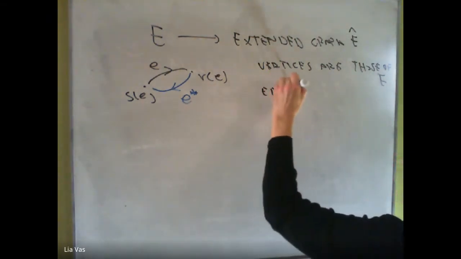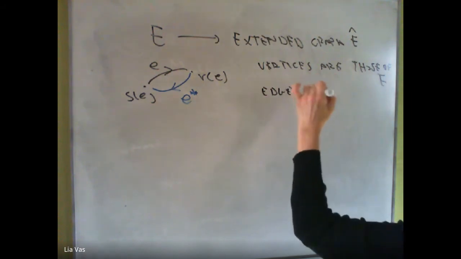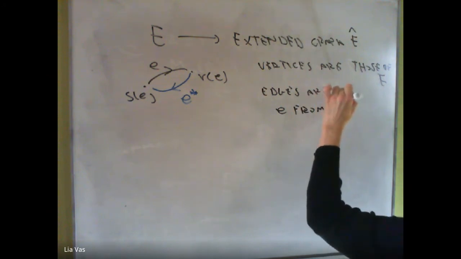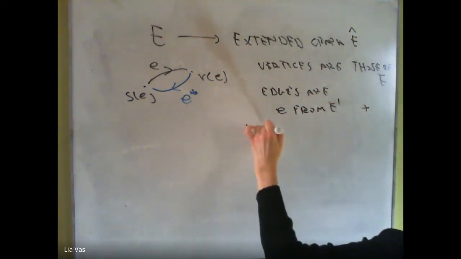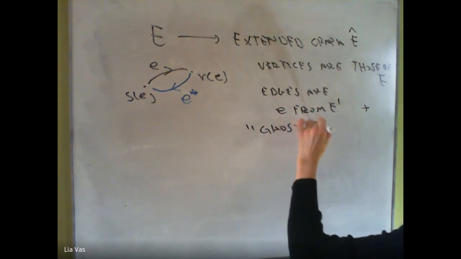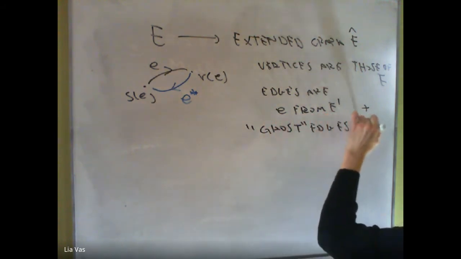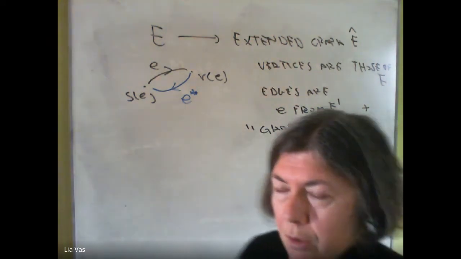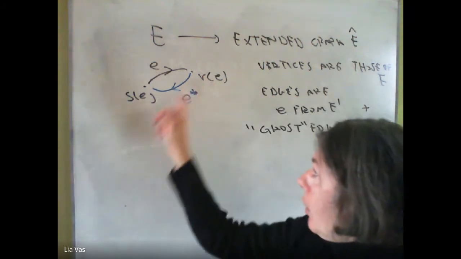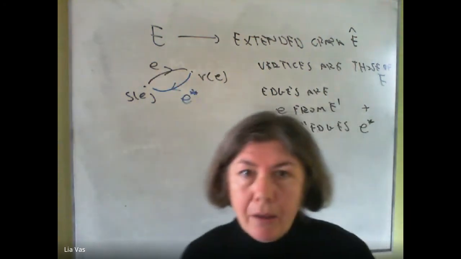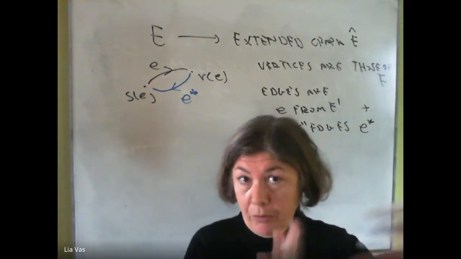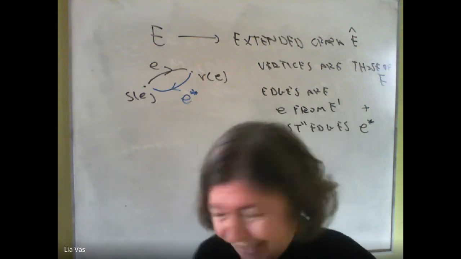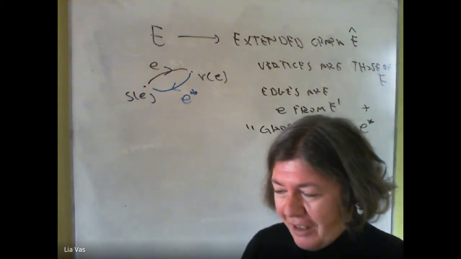Edges are the original ones, e from E^1, and these ghost edges. For every e, you also have a way to go back. I will graph them in a different color, just so that we keep track of what was originally there and what is added because we need these stars. So now we have ghost edges as well, right?